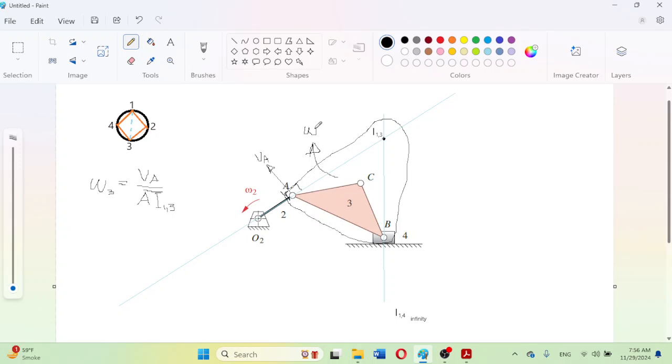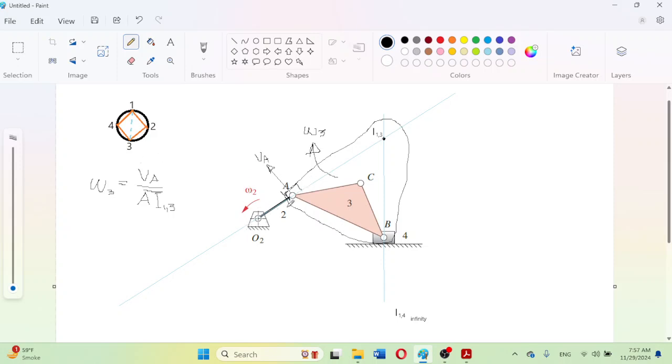As we can observe, this direction is clockwise. If omega 2 is anti-clockwise, as can be observed here, then omega 3 in this case is clockwise, meaning negative.